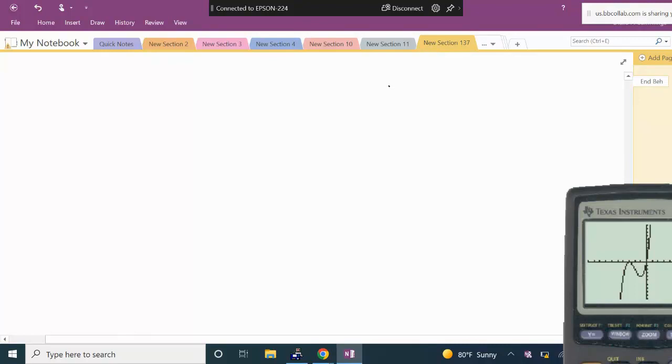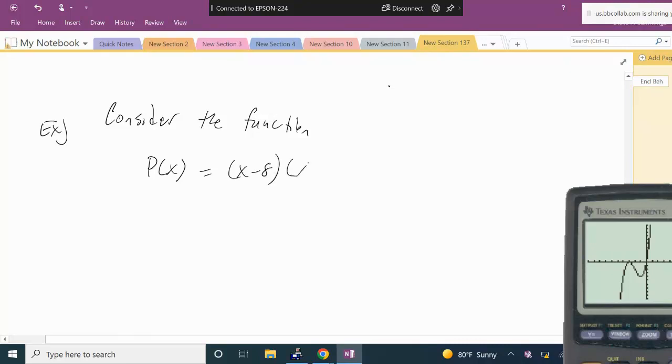Okay, and the directions just say consider the function P of X is equal to X minus 8 times X plus 3. Okay, and for part A, we're asked to find the Y-intercept.